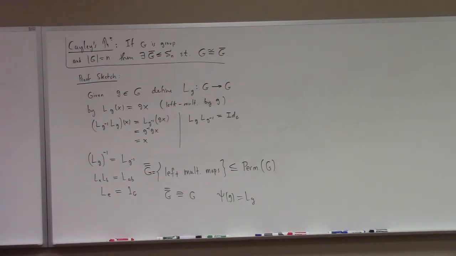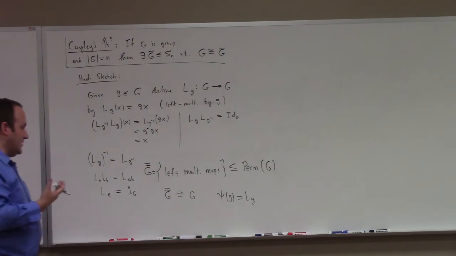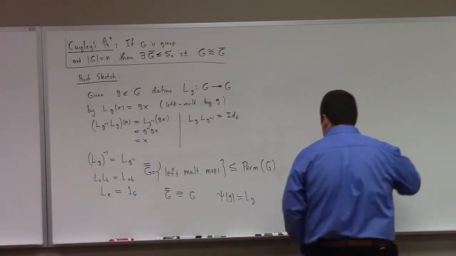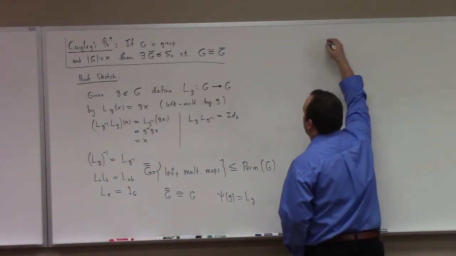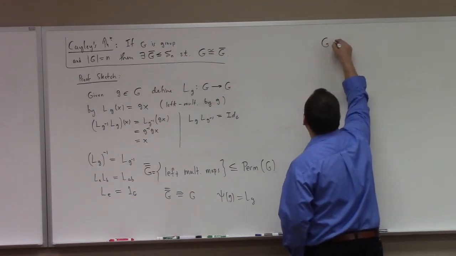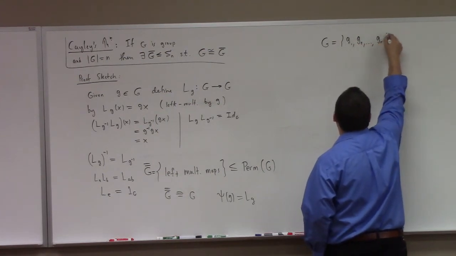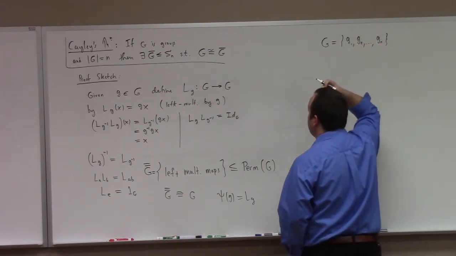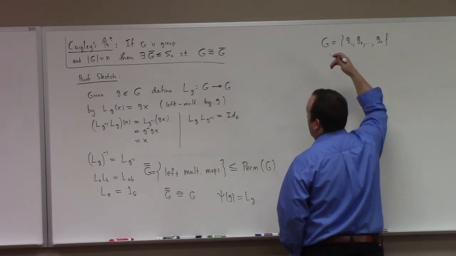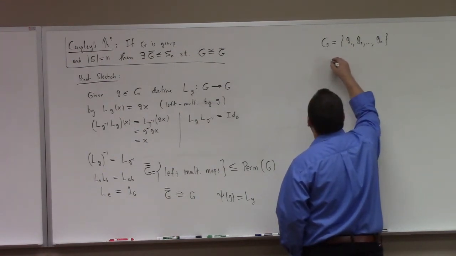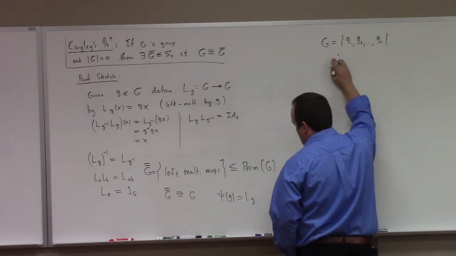You can prove that that's an isomorphism from G to G bar bar. The reason I'm calling it G bar bar is that G bar is something else still. G bar is a subset of the permutations on the first n symbols, so that's something a little bit different. So what would that be? If we let G equal G1, G2, through Gn, then to get from, oh, how can I say that?